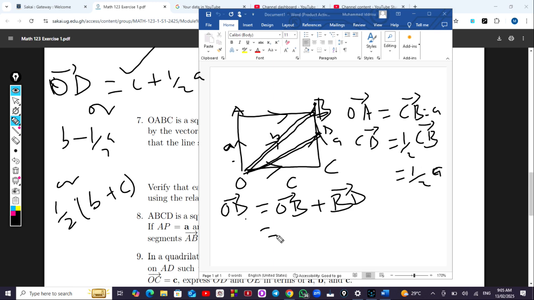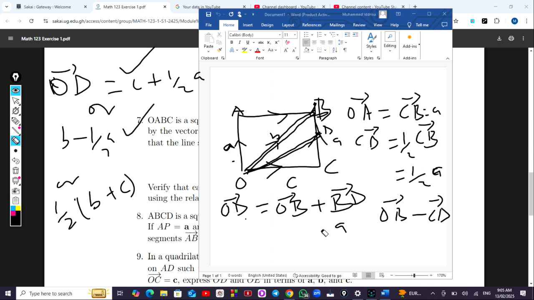So OB, which is b, minus CD, and we know CD to be half a. So it will be b minus half a, and that proves the second case. We are done with the second one.